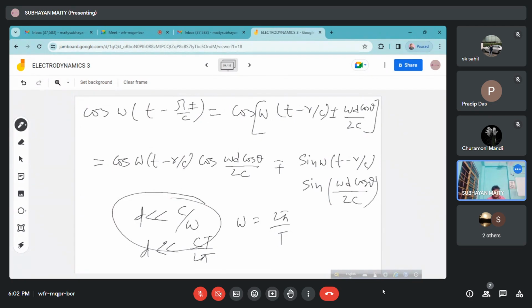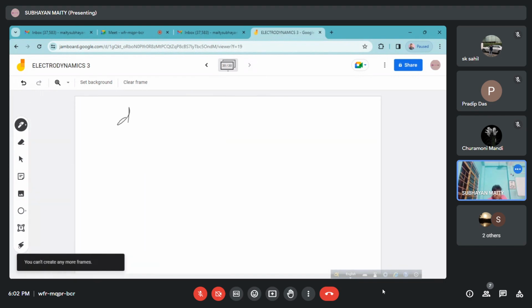Or also you can write c equal to omega by k, so basically c by omega means 1 by k. So you can write d less than 1 by k, and k is twice pi by lambda, so d is less than lambda by twice pi.